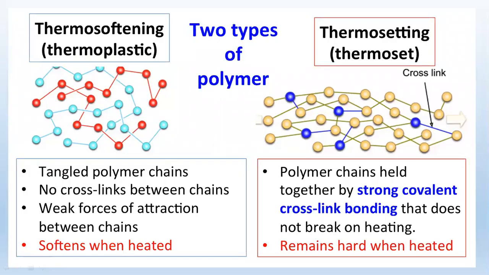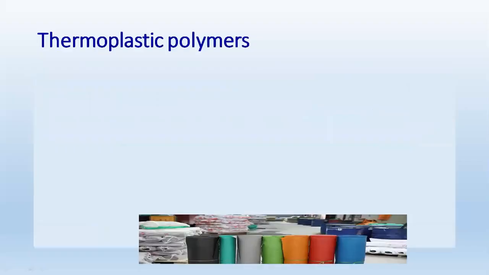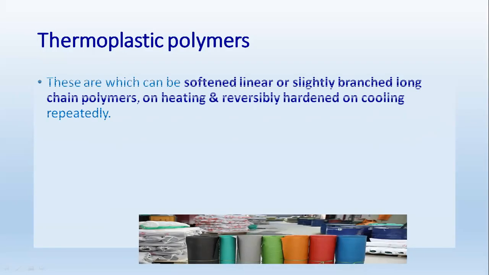Here you can see two types of polymers, thermoplastic and thermoset. Thermoplastic polymers are linear or slightly branched long chain polymers which can be softened on heating and reversibly hardened on cooling, repeatedly.